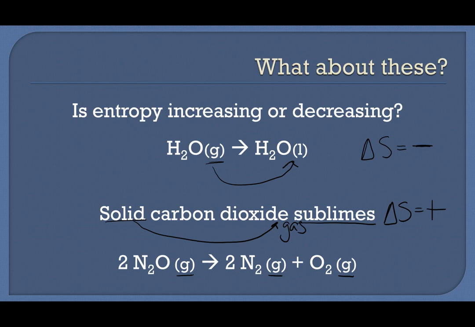What we're going to have to look at here is the number of particles. On the reactant side, I start with 2 particles. On the product side, I have 3 particles. So in this case, entropy would be increasing because I go from 2 particles to 3 particles. So more opportunity for messiness. The messier it's going to get.